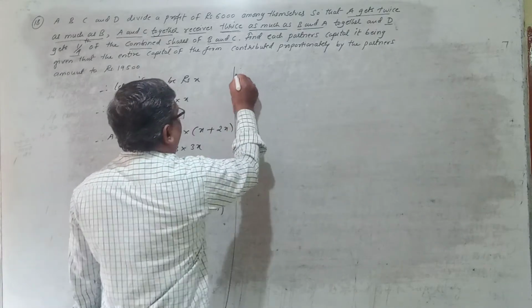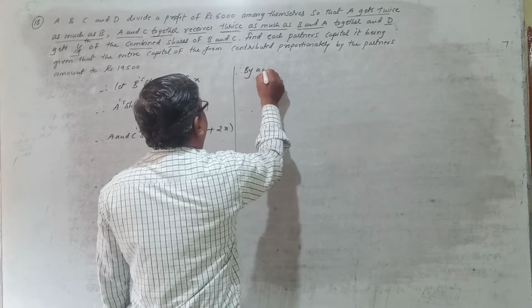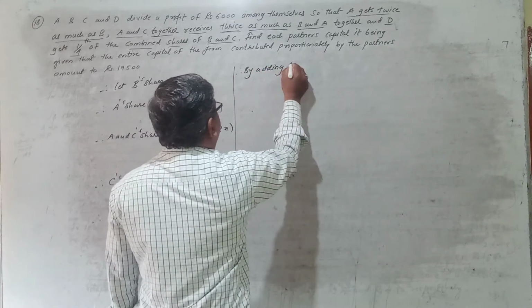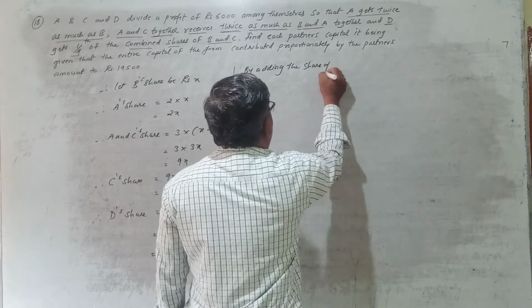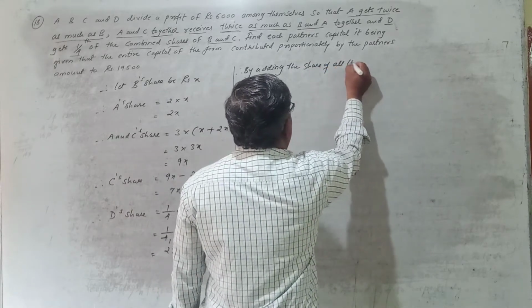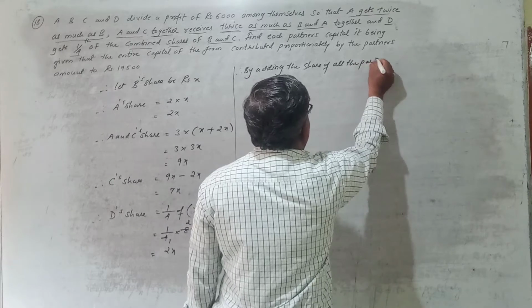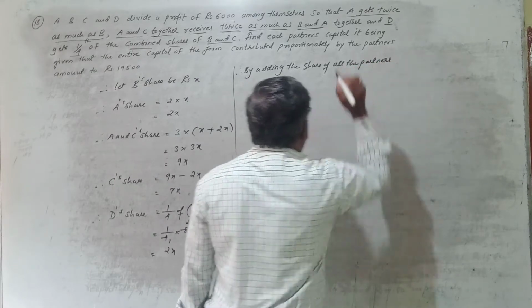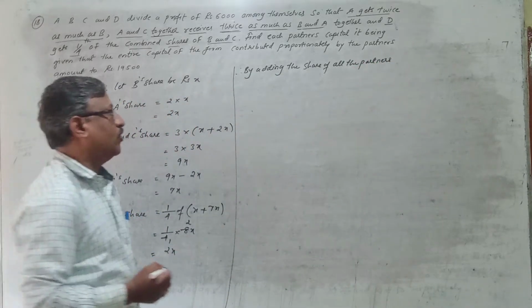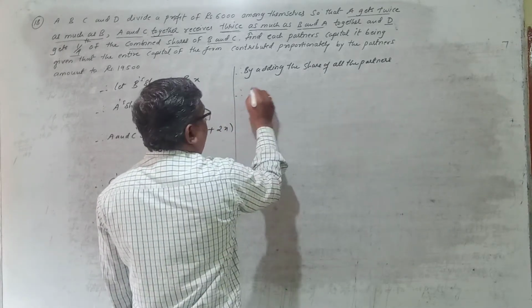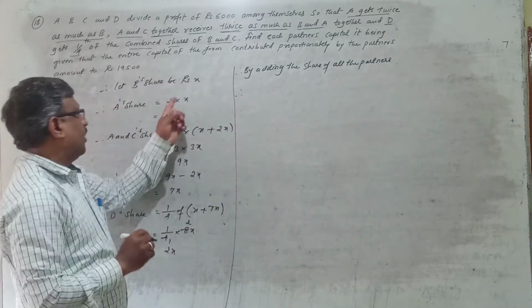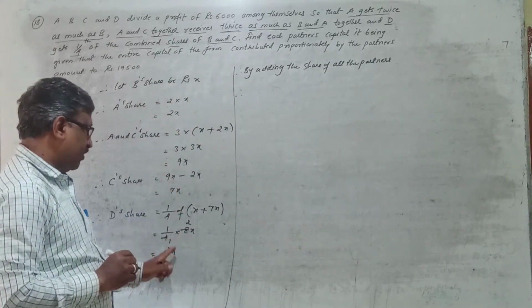So here you write, therefore by adding the shares of all the partners, you have to add A's share plus B's share plus C's share plus D's share.